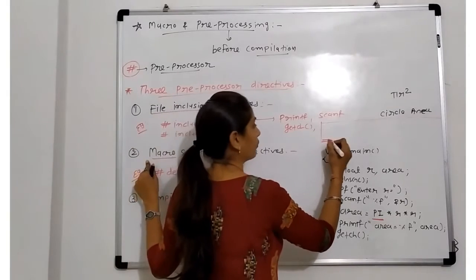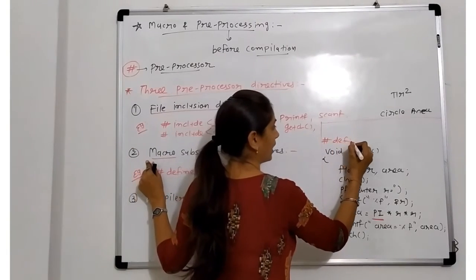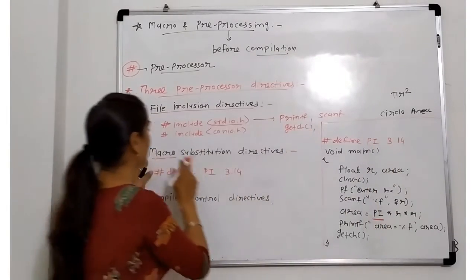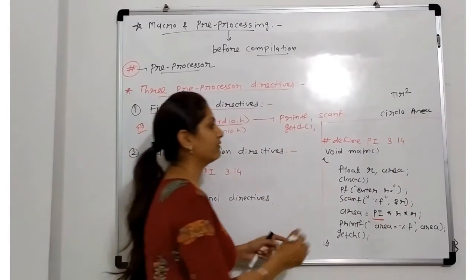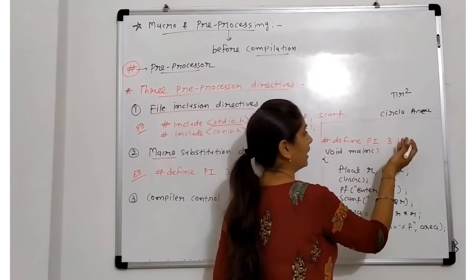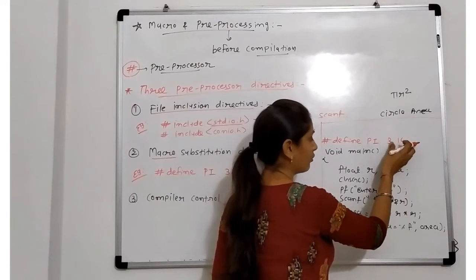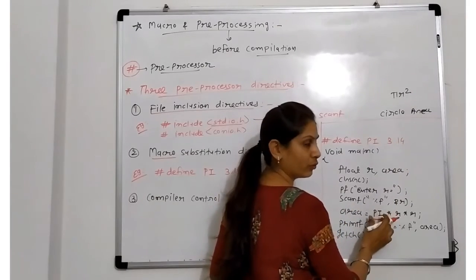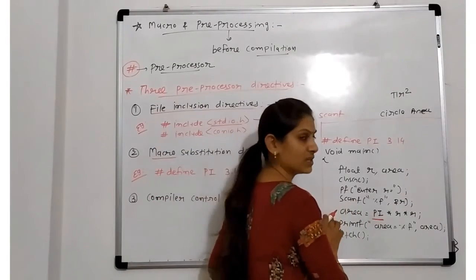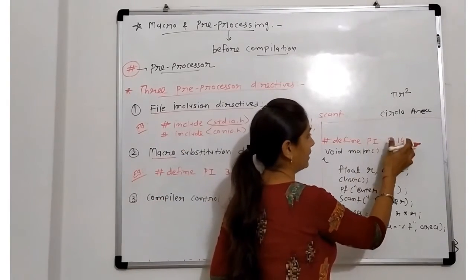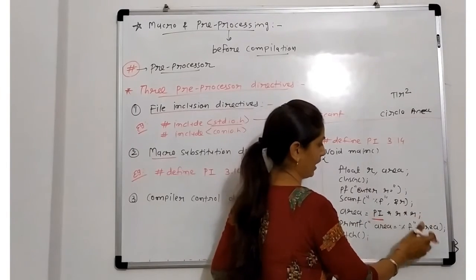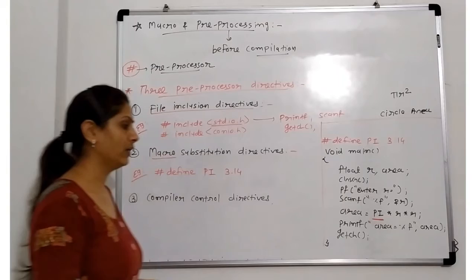For that, before void main we write hash define pi 3.14. The meaning of the macro is that whenever the variable pi is in our program, it puts the value of pi, that is 3.14, here before compilation, and that is nothing but pre-processing. So the value 3.14 is placed here into r into r, and we find the area of the circle.